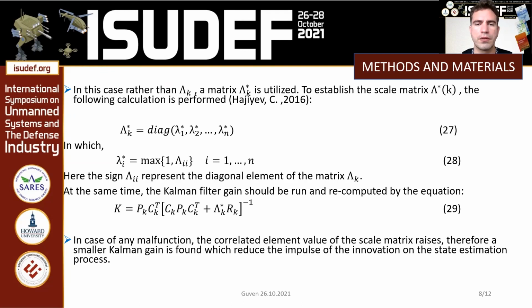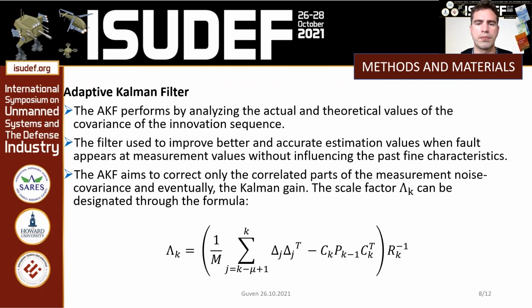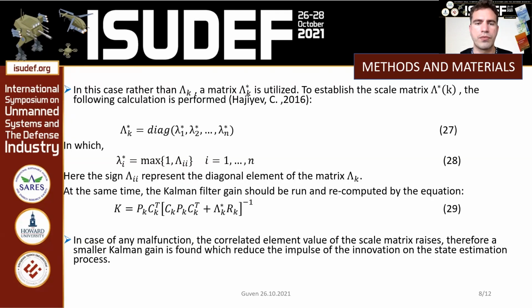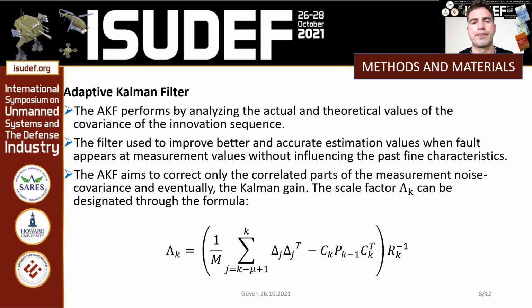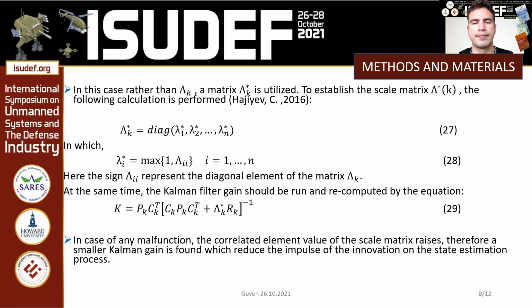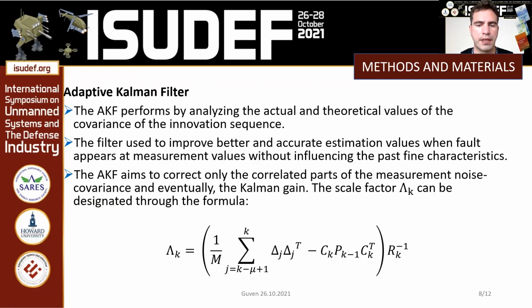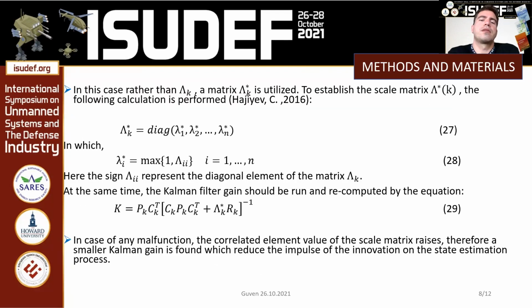If any element of the diagonal matrix capital lambda k is bigger than 1, it makes it 1.